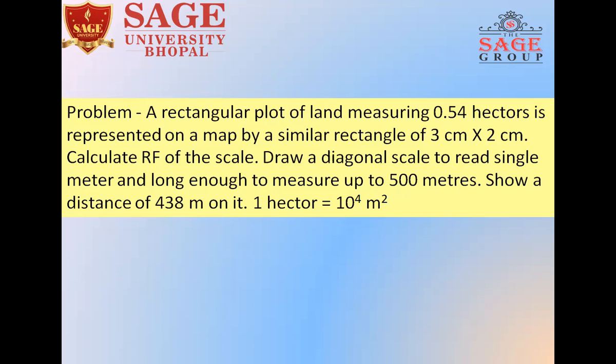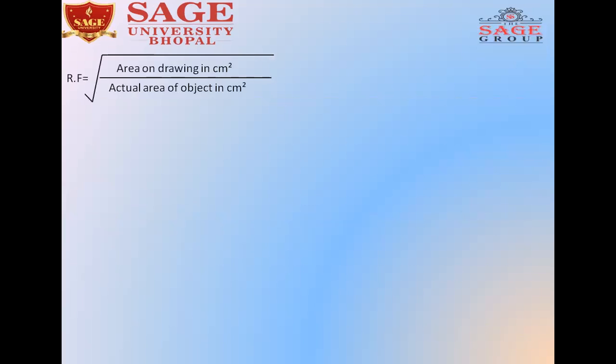RF is given. RF is the representative fraction: length of an object to be drawn upon the actual length of the object. The length of the object to be drawn is 3 centimeter by 2 centimeter, and the actual area is 0.54 hectare. With the help of this, you will identify RF. Actually, RF is the linear basis, so we will calculate with the help of the square root.